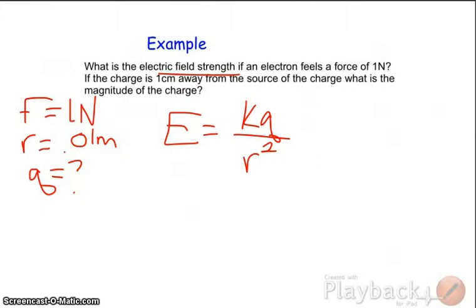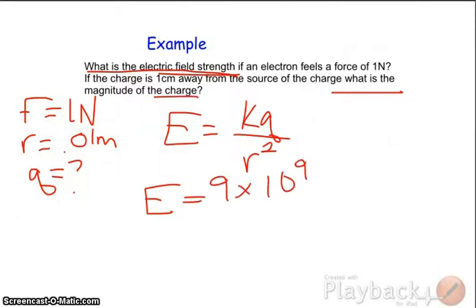We're going to end up with a little bit of an issue. I asked 2 questions: what is the electric field strength and what is the charge. So E equals 9 times 10 to the 9th, that's k, times Q divided by 0.01.